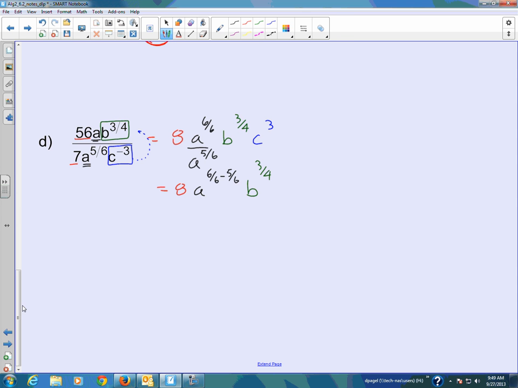The c doesn't do anything. So we get 8 a to the 1/6, b to the 3/4, c cubed, and can't do anything else beyond that, so at that point we are completely simplified.